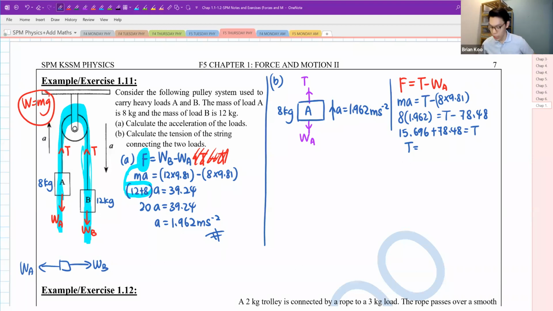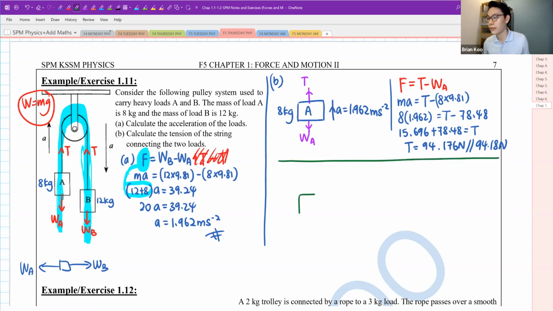Okay, tension would be 94.176 Newton, or you want to write 94.18 also can, right? Since this is just a practice, like we are in class, let's also try to figure out what will happen if I try using the other one. Okay, the other block.